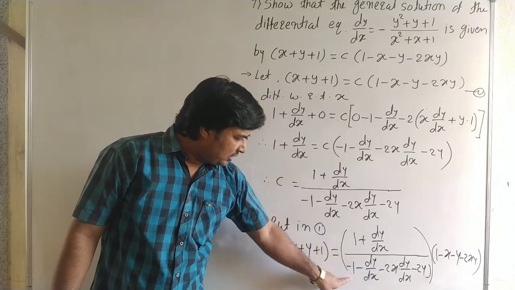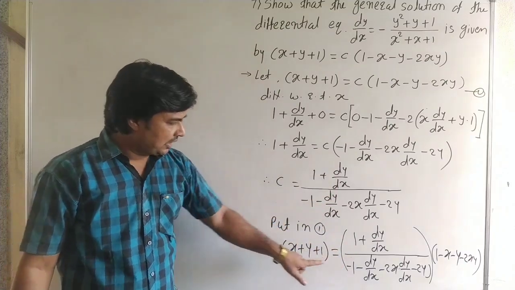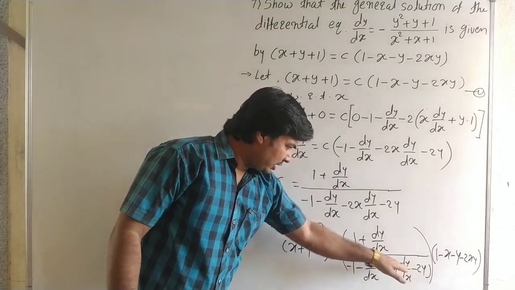Now take this denominator to the left as a multiple. Here it is minus, minus, minus, minus; we take minus common.